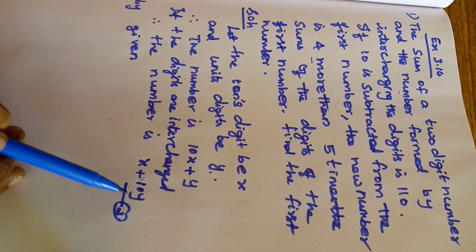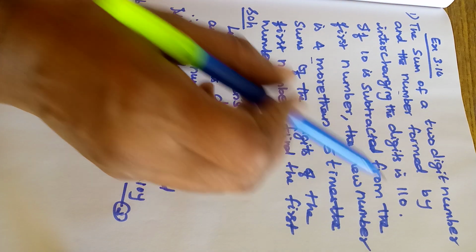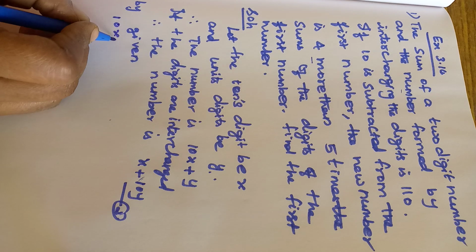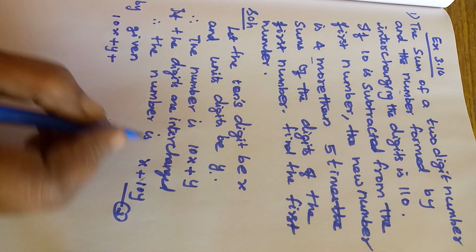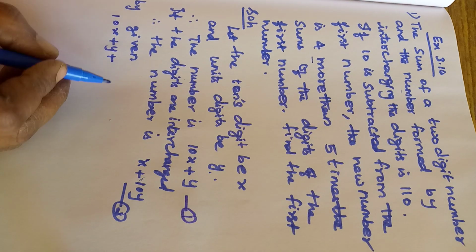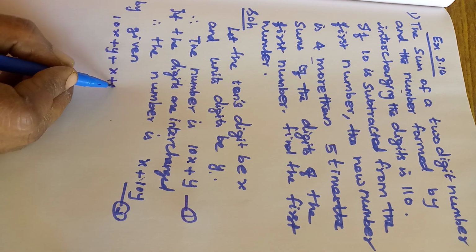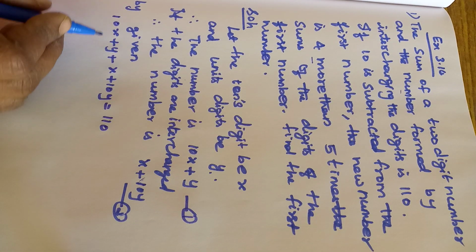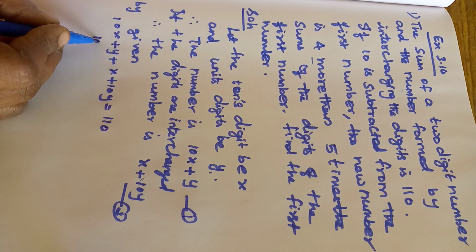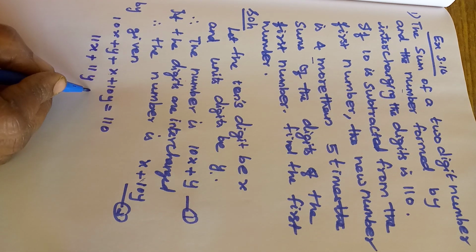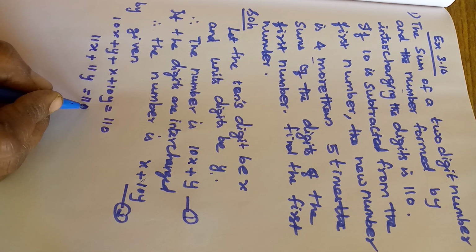Both we are adding, it is equal to 110. So, equation 1 plus equation 2: 10x plus y plus x plus 10y is equal to 110. Adding, 10x plus x is 11x, y plus 10y is 11y, is equal to 110.